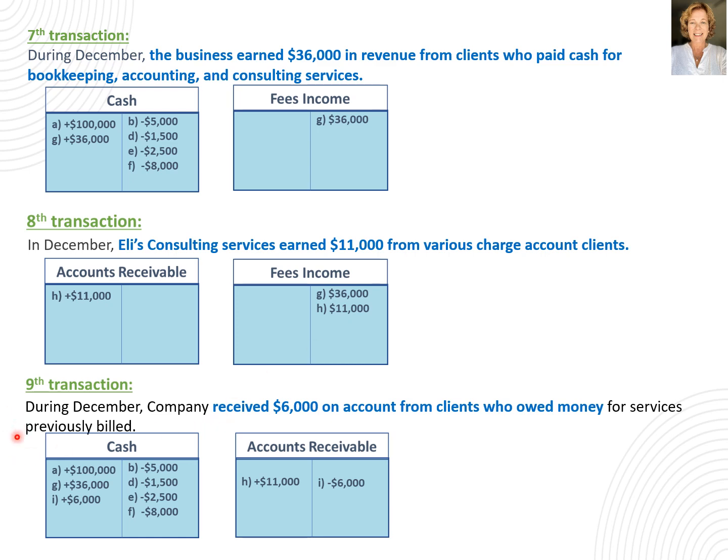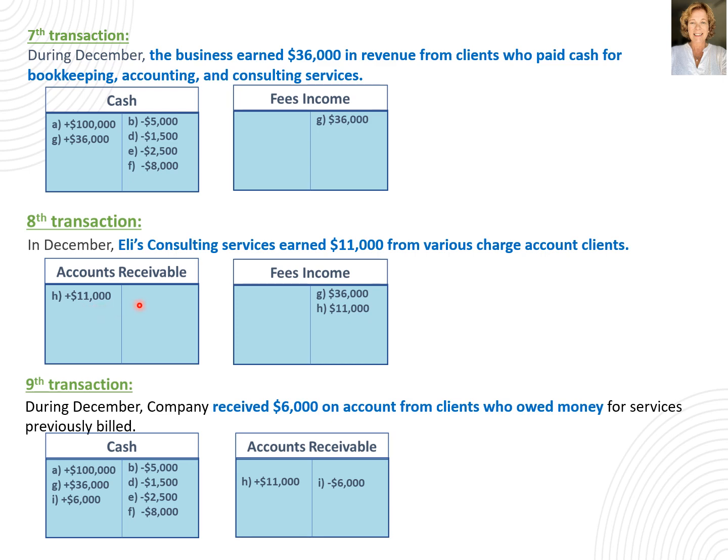For our 9th transaction, the company received $6,000 on account from clients who owed money. Basically, those clients right here, where we have an accounts receivable of $11,000, they paid us. So they're going to pay down the accounts receivable, and they're going to give us cash.